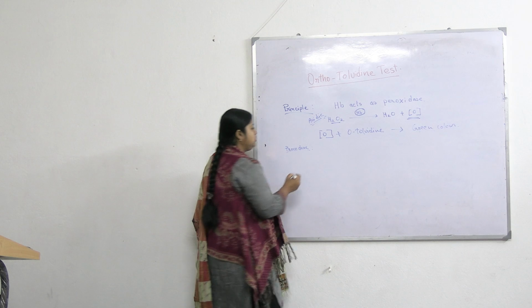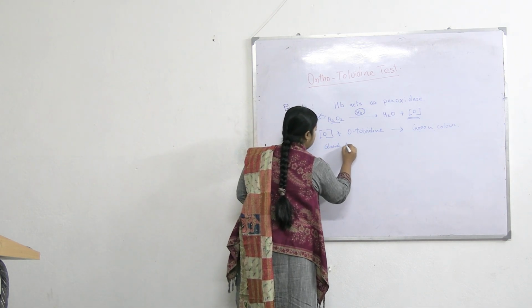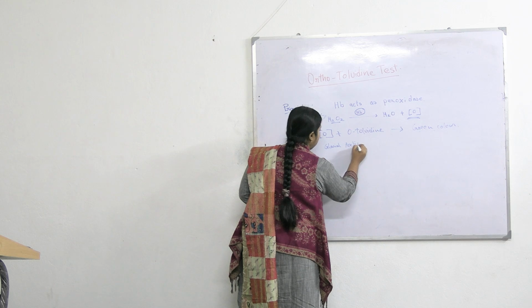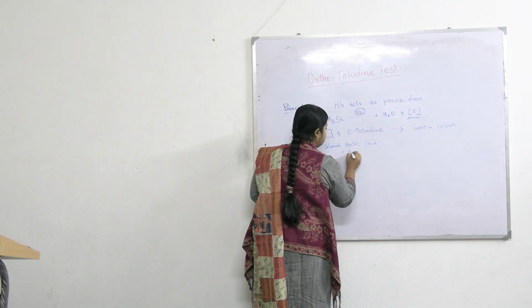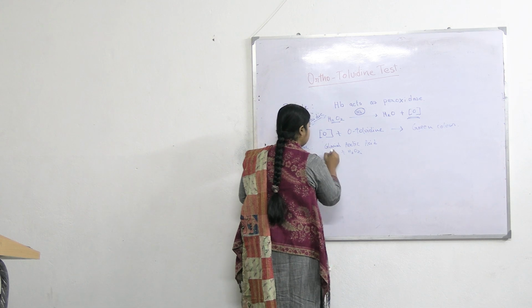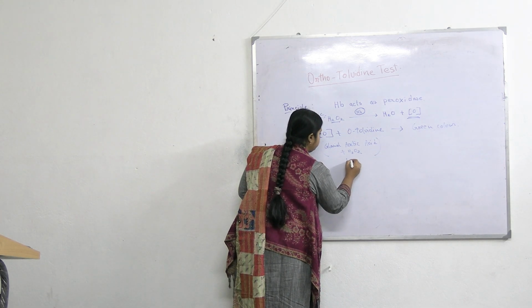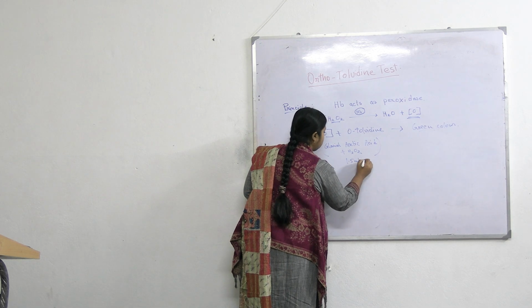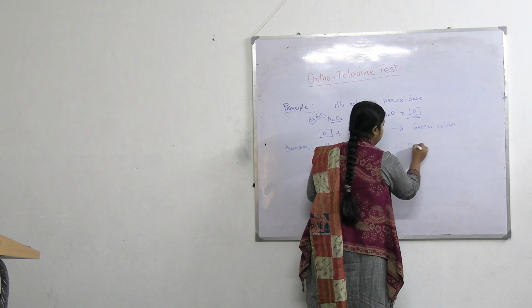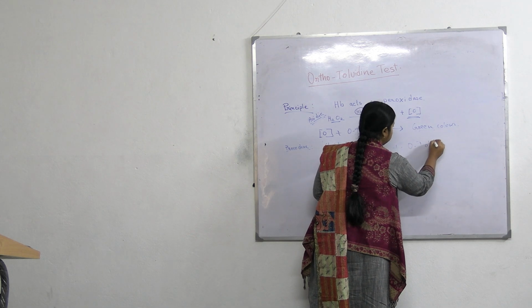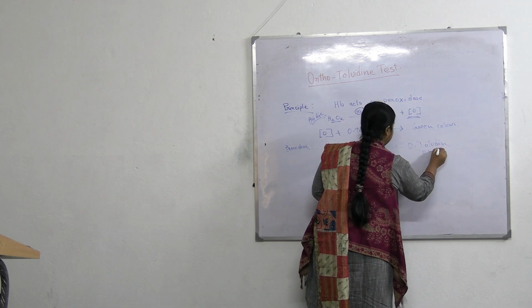So glacial acetic acid with H2O2, we will take 1.5 ml to 2 ml of this and orthotoluidine, the same amount, 2 ml.